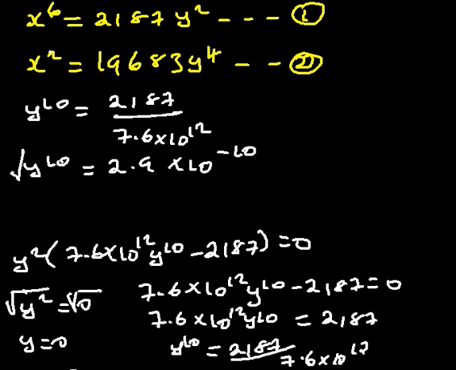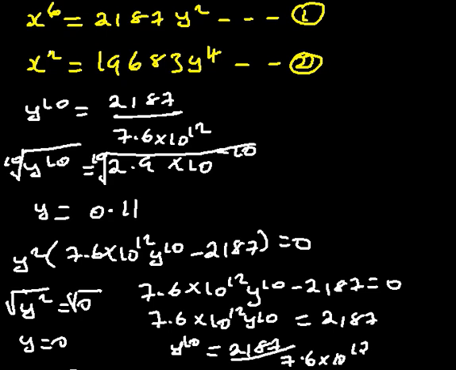Then we are going to introduce the 10th root on both sides in order to solve for y. So in this case, we'll have y is equal to the 10th root of that. So what is the 10th root of that? It should be 0.11.